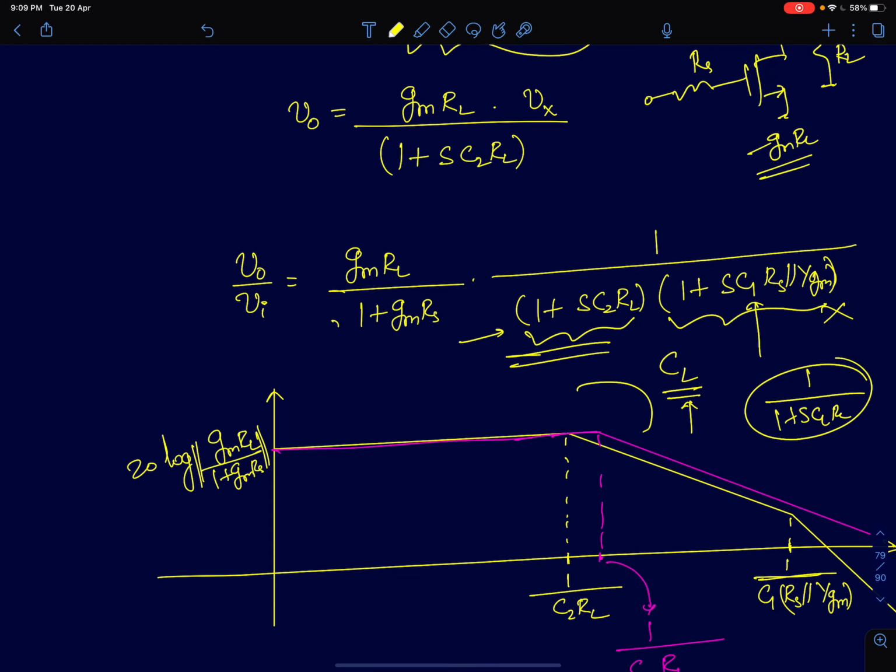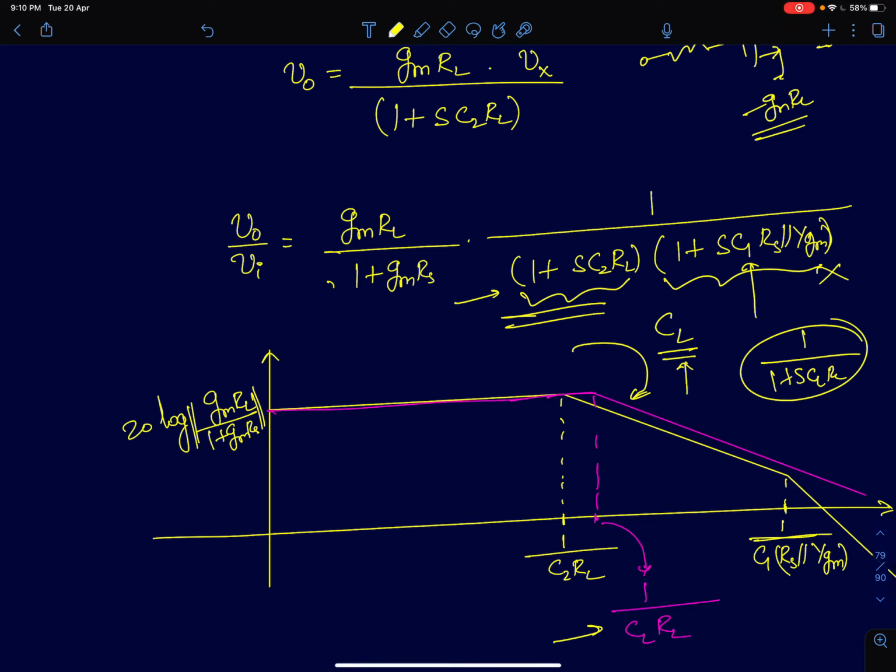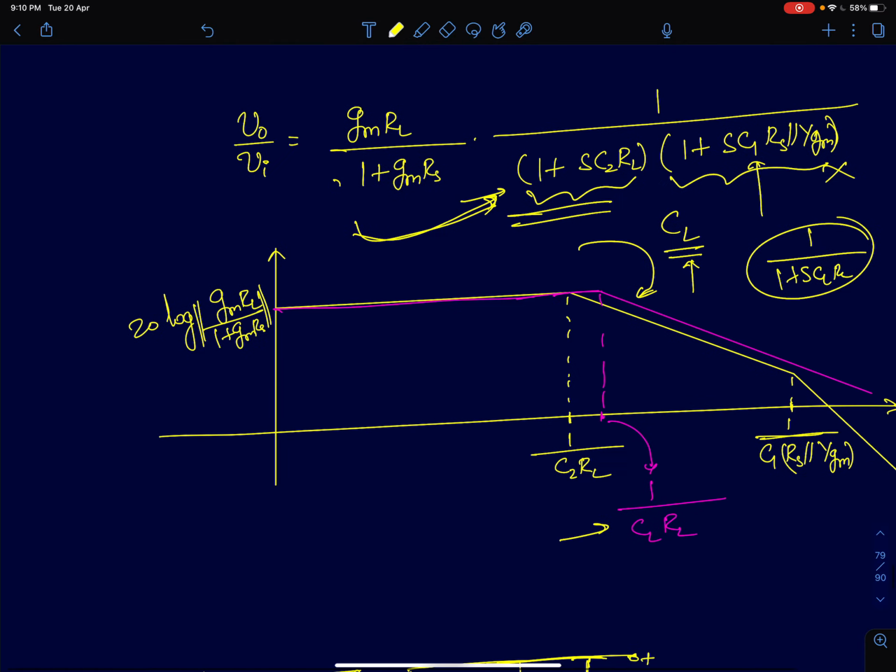So that's what I've shown on the pink curve. The pole is 1 by CL RL. Now, when you include both the poles, DC gain is the same. It is independent of the parasitic capacitors. You should look at the pole values here.